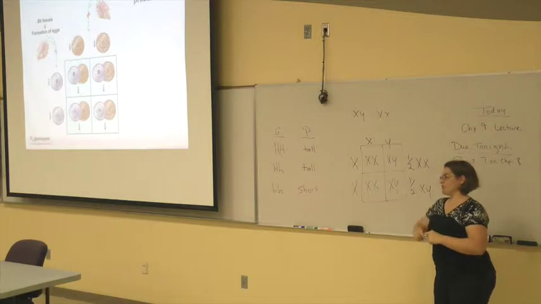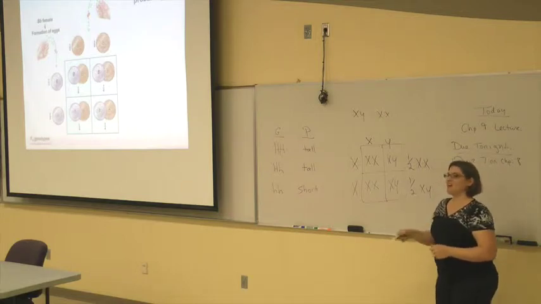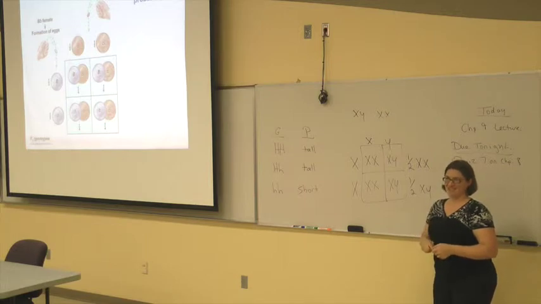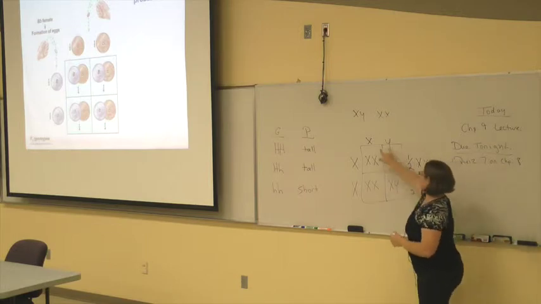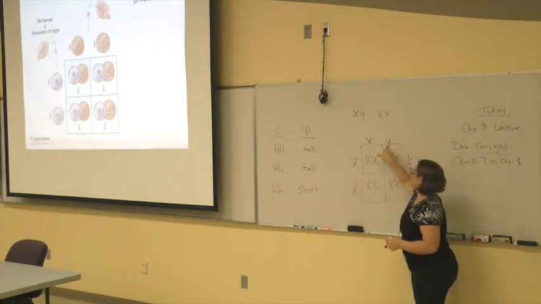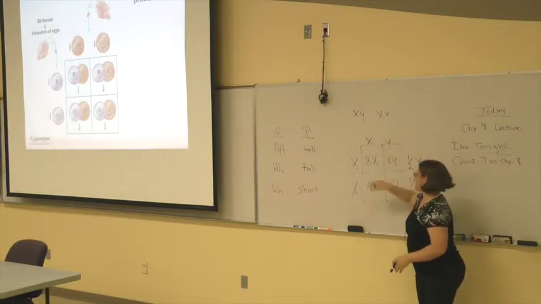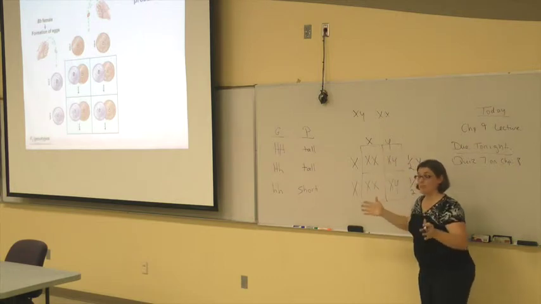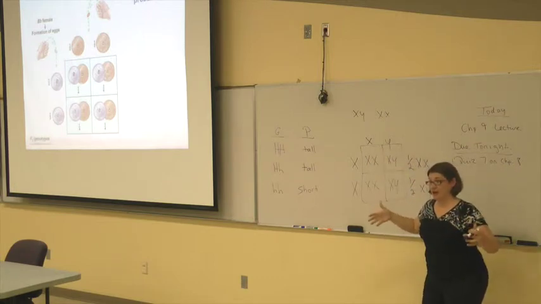And also, girls can do nothing about making boys. Okay, it's all about what sperm got into that egg. Because 50% of the sperm are going to have the X, 50% are going to have the Y. If the Y sperm gets into the egg, it's a boy. If it's the X sperm that gets into the egg, it's a girl. Men determine the sex of the child.